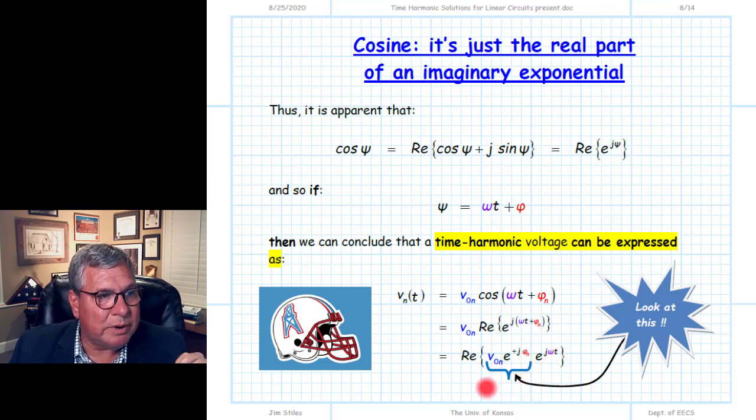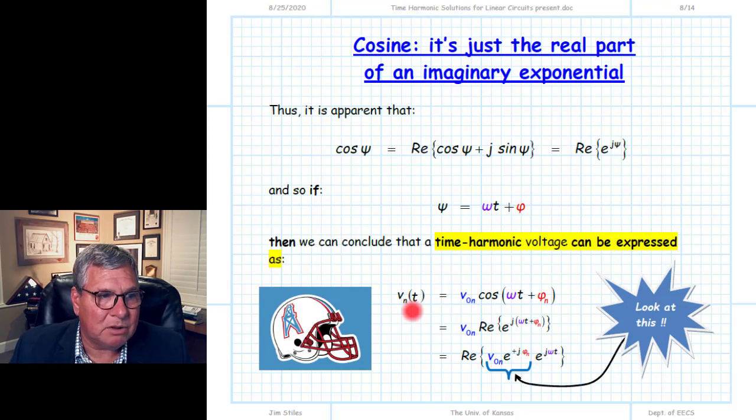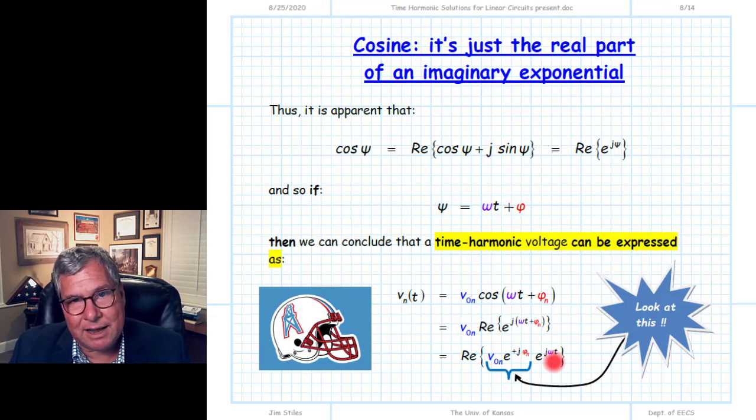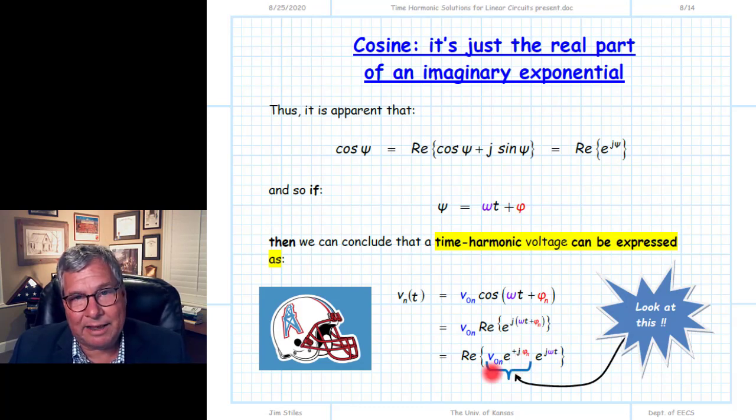And so we can write our sinusoid, a function of time, as the real part of the product of four complex values. The final complex value is a function of time, but note these first two complex values are not a function of time. They are dependent on the magnitude of the oscillation at that point in the circuit and the relative phase of the oscillation at that point in the circuit.